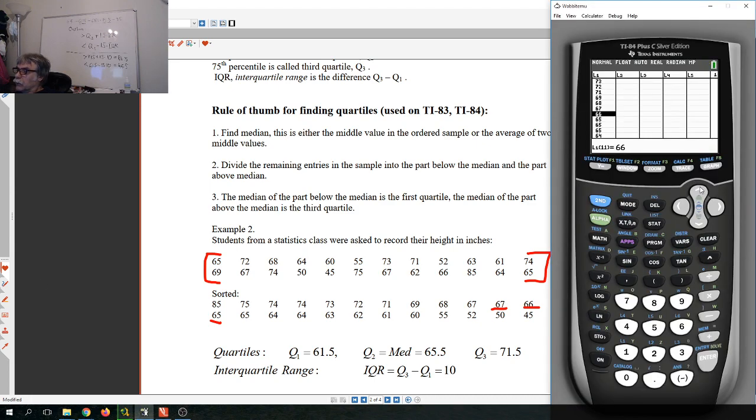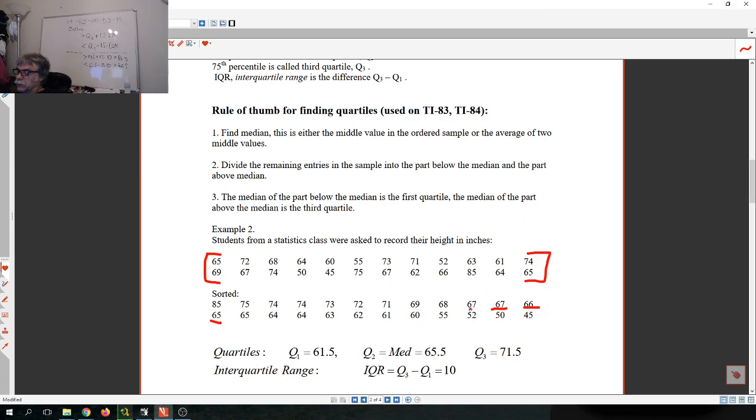Okay, so I can go back again piece by piece. I have 85, 75, 74 twice, 73, 72, 71, 69, 68, 67, 66. Okay, so one 67 is missing. In my sample I have them 2. You see the original sample, there is 67 and there is another one here.